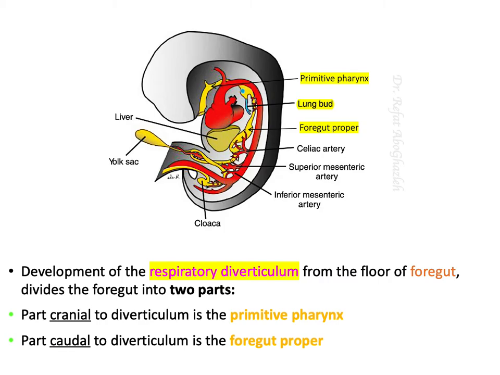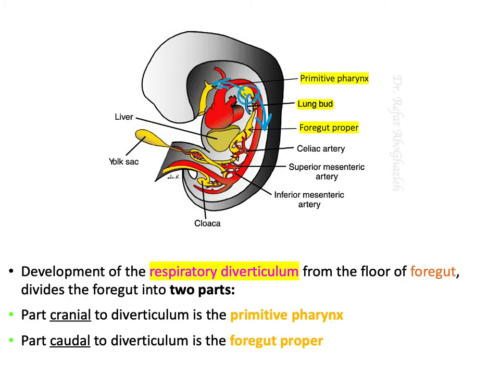And because of the development of the respiratory diverticulum that will give the bronchi and lungs, it comes out from the floor of the foregut, and it divides the foregut into two parts, one part rostral to it and one part caudal to it.